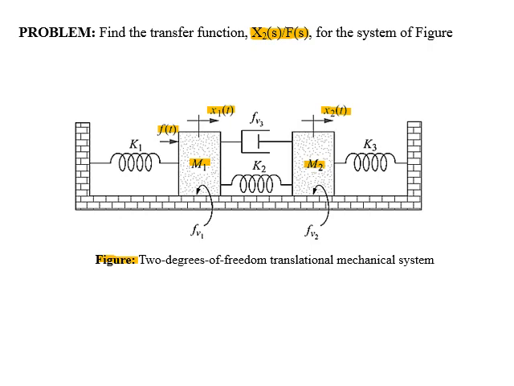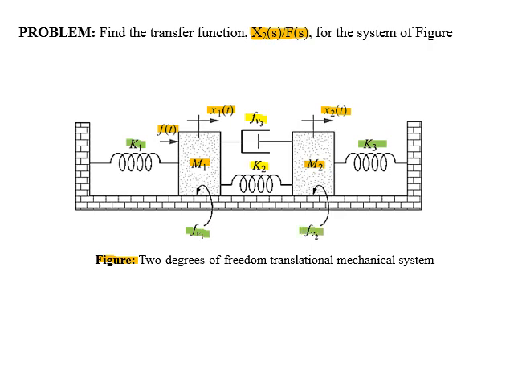M1 is attached with K1. M2 is attached with K3. The components common between M1 and M2 are a damper with coefficient fv3 and a spring with constant K2. Both M1 and M2 are experiencing surface friction, which are represented by fv1 and fv2 respectively.